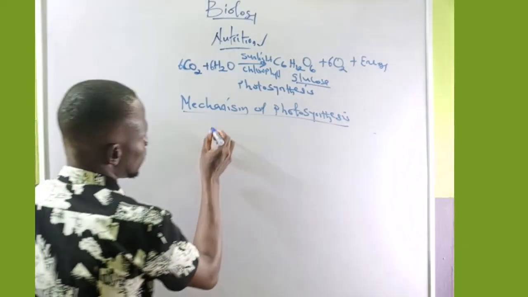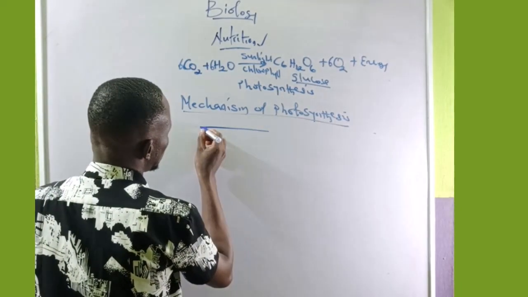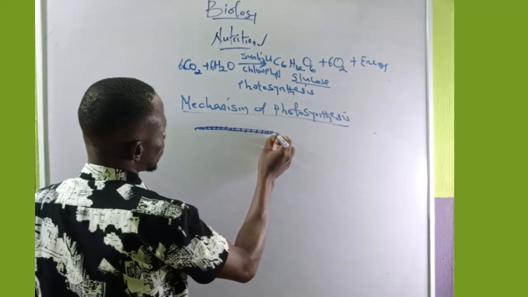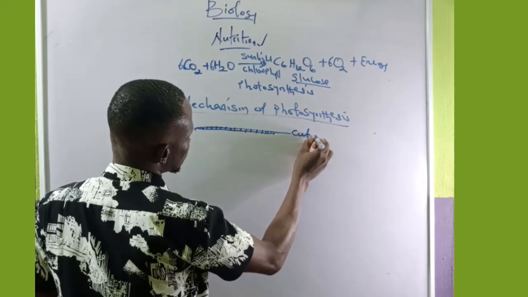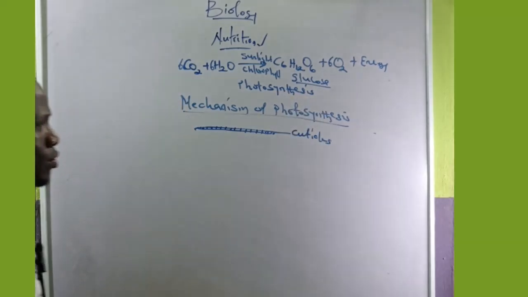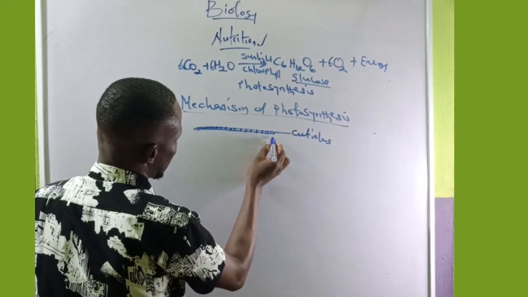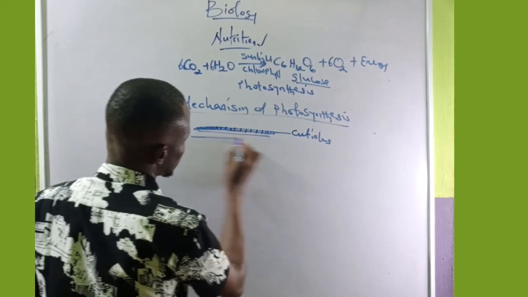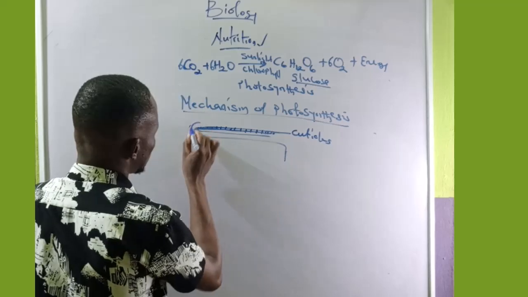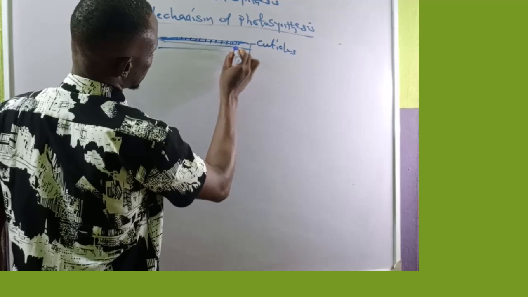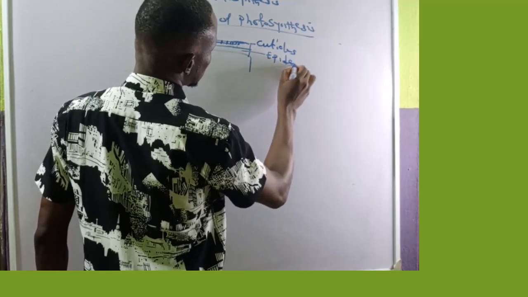Okay, now let's look at the internal structure of the leaf. The leaf is covered by what we call the cuticle. The first layer of the leaf is called the epidermis.